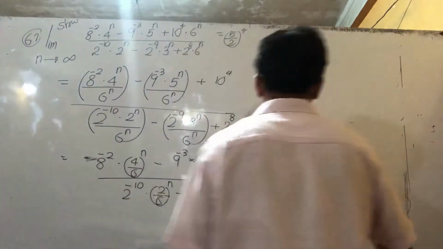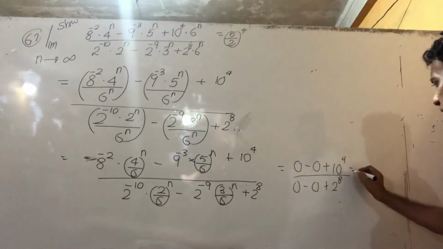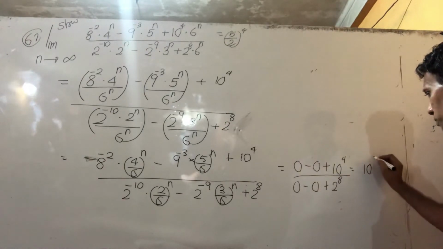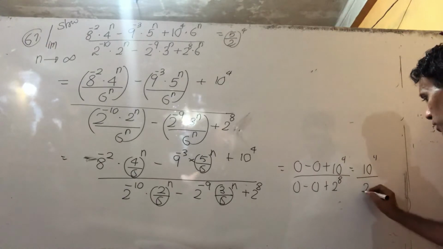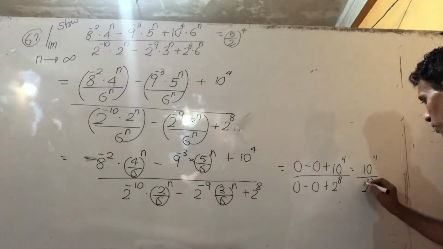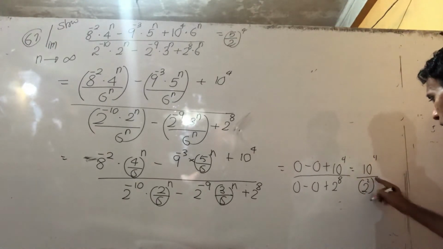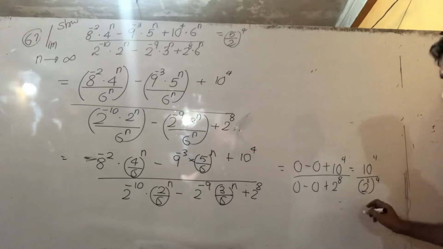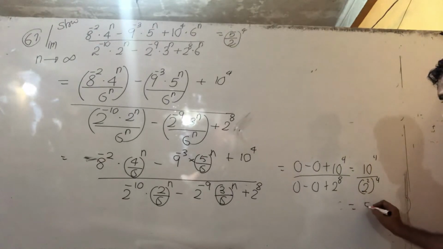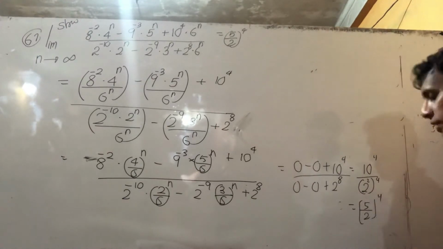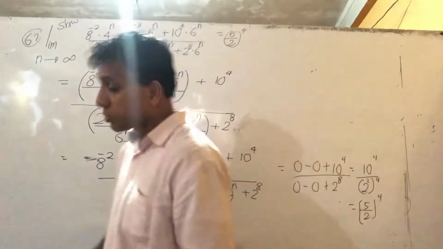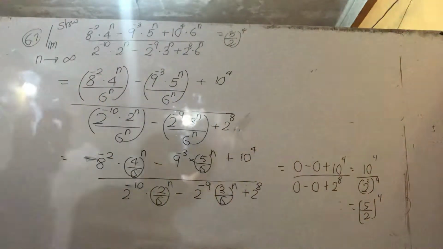Convert to a common base: the power is 4, so 10 to the power 4, and 2 to the power 8 is 2 squared to the power 4. Here 10 cut by 2, so 5 over 2 completely to the power 4, right? That's my question 67.